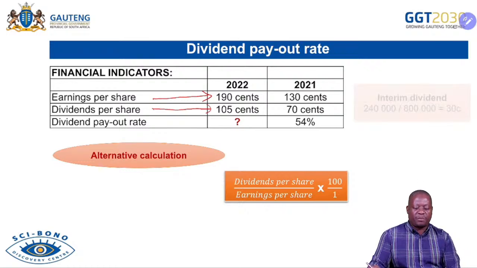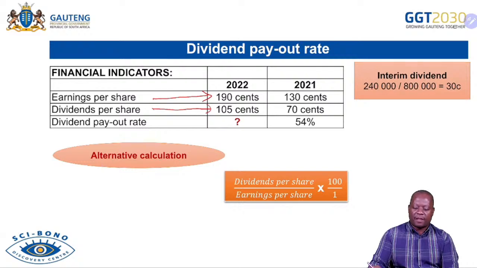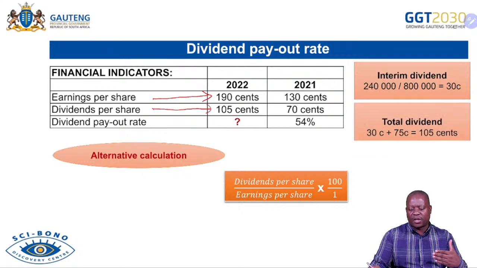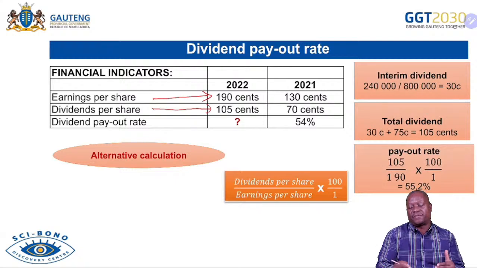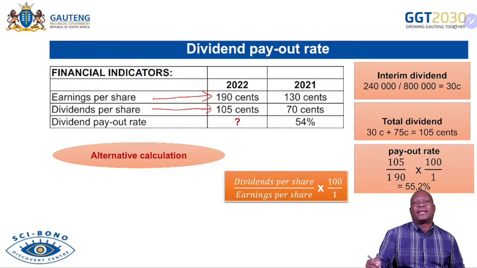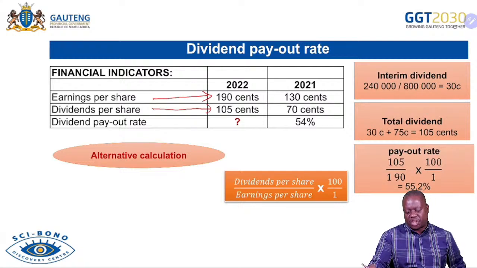Now it is going to be the interim dividends divided by, it is going to give us our total dividends as indicated, and then the payout rate is 105, which is the dividends per share divided by 190, which is the earnings per share.